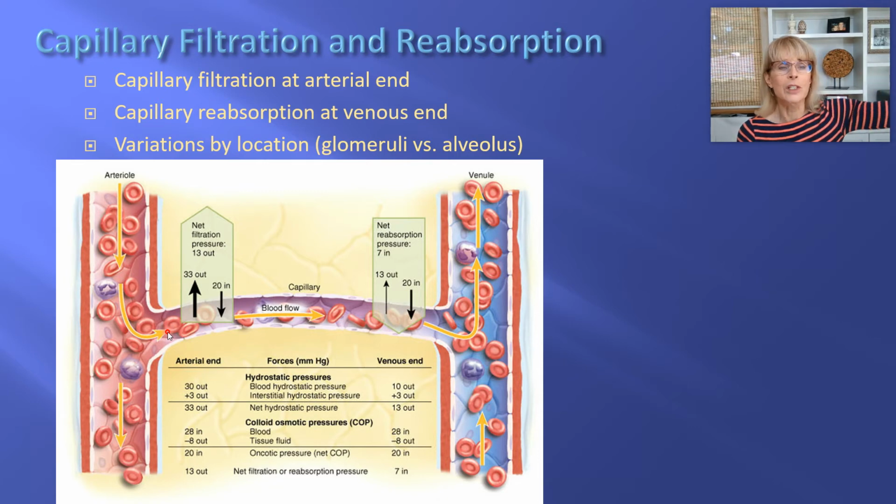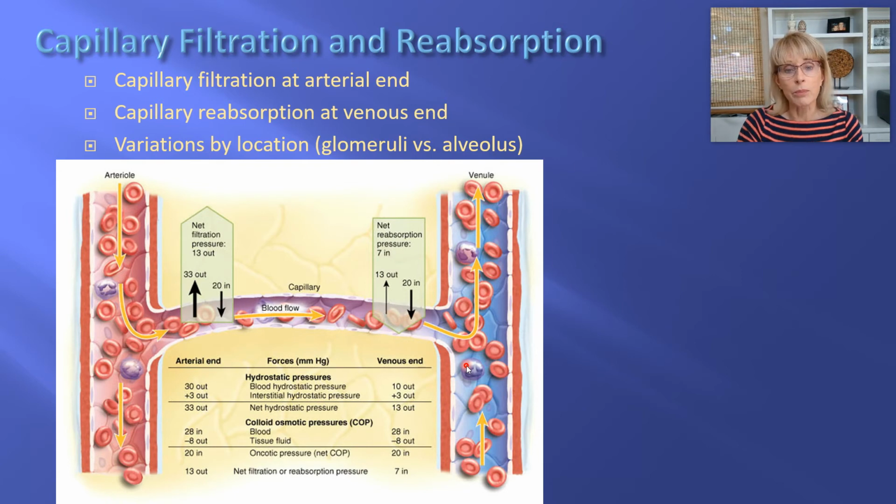It started out being 110, and as the arteries got smaller, it got smaller, and now we're at the beginning of the capillary, and we've got 30 millimeters of mercury left, and it is trying to push water out of the capillaries, right? Now, over the course of a capillary, blood pressure will decrease substantially.